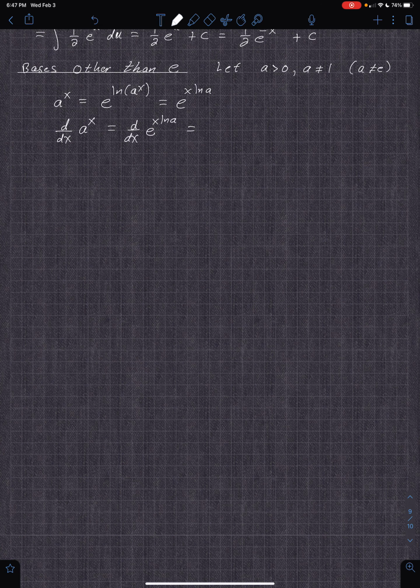So it's equal to itself, e to the x ln a, times this derivative, which is the derivative of a constant times x, which is just the constant. So that's times ln a. So we write that as a to the x ln a. So remember, this is a to the x. Right, do you see it now? Okay, so that's what we did.